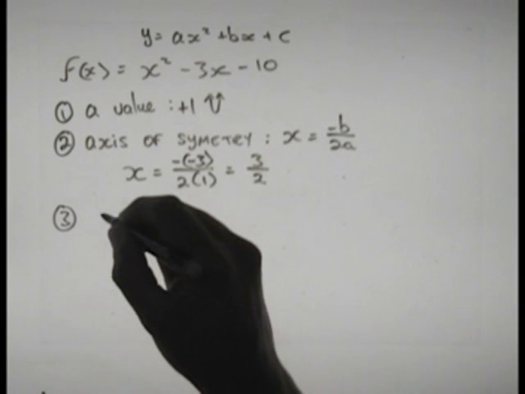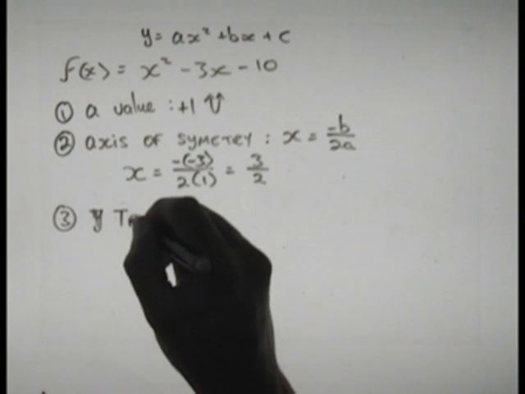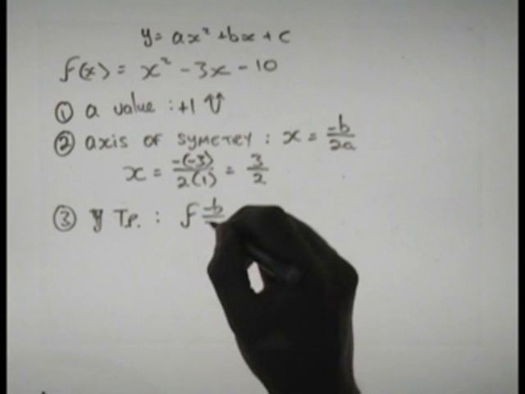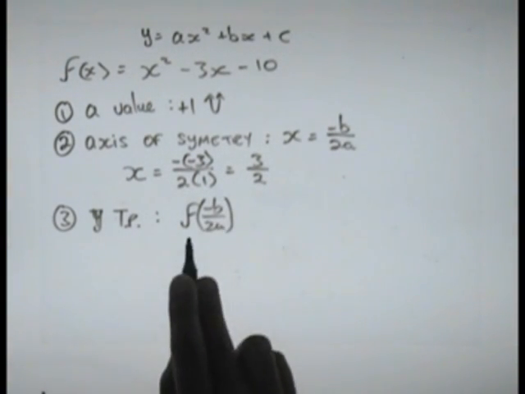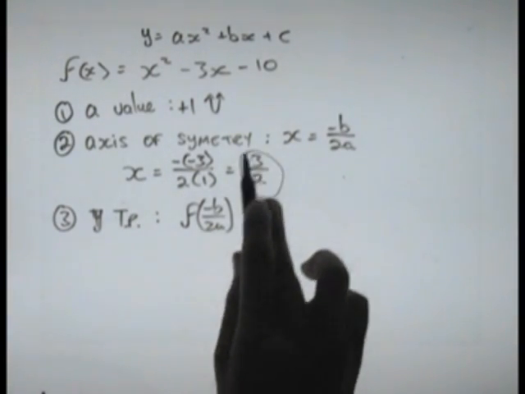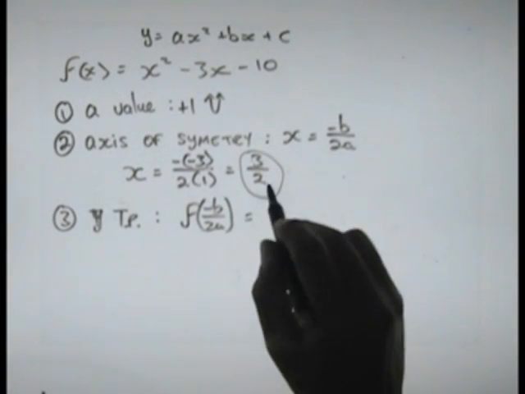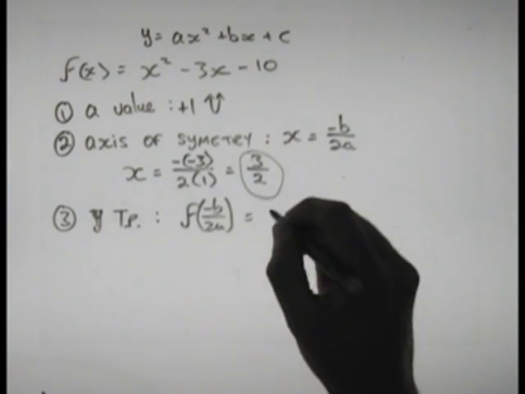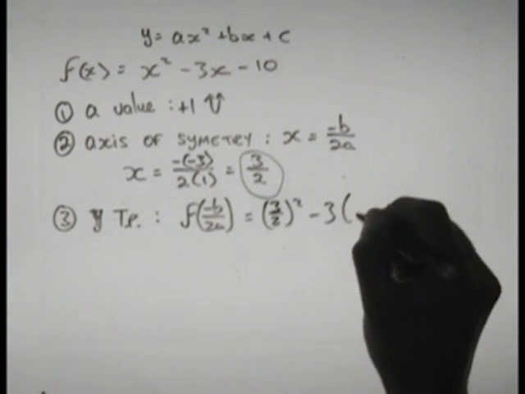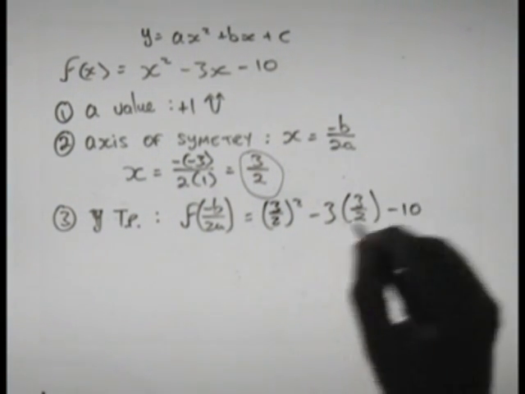Step 3, I look for my y coordinate of the turning point, which happens at f of minus b over 2a, or rather f of my axis of symmetry. All I do is I substitute my axis of symmetry into wherever I've got an x, which in this case will give me x squared, which will be 3 over 2 squared, minus 3x, which is minus 3 times 3 over 2, minus 10.